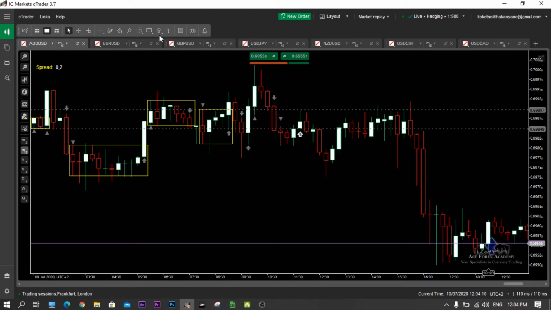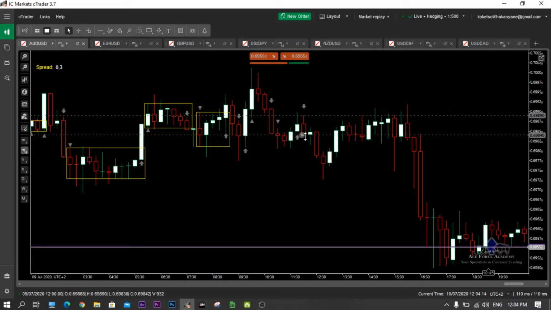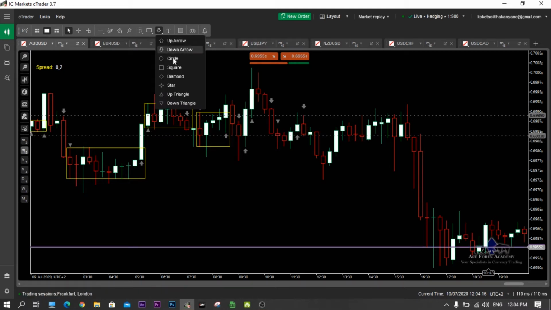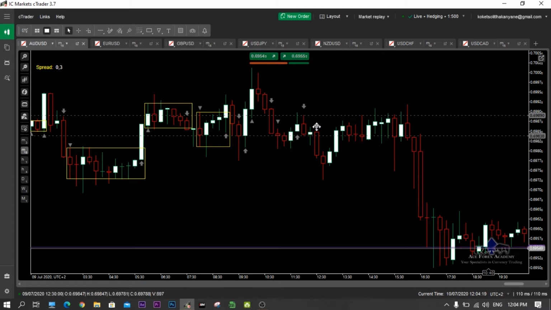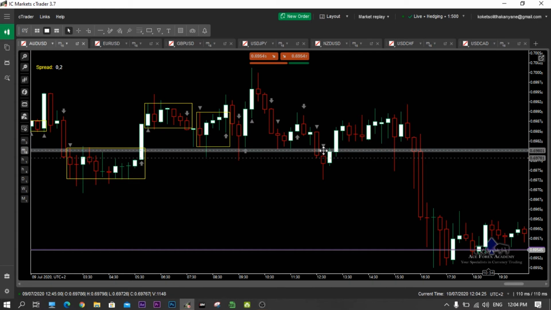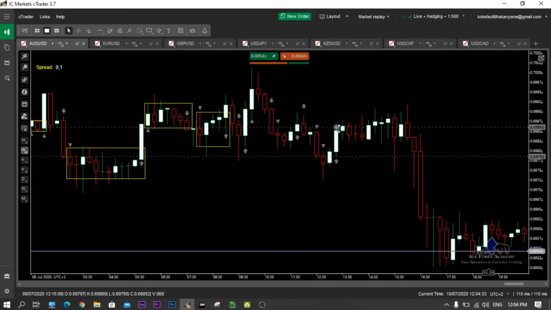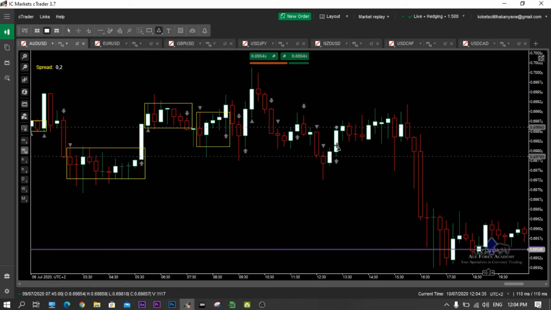The market got pushed lower again, had a further push to the downside, then a push to the upside, another push to the upside.